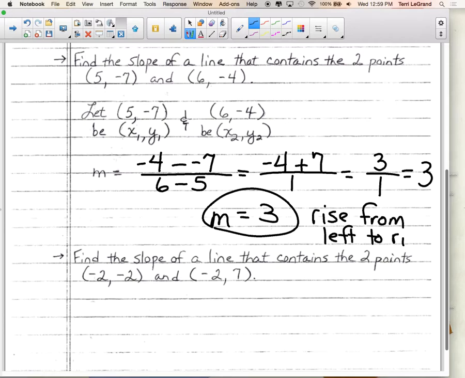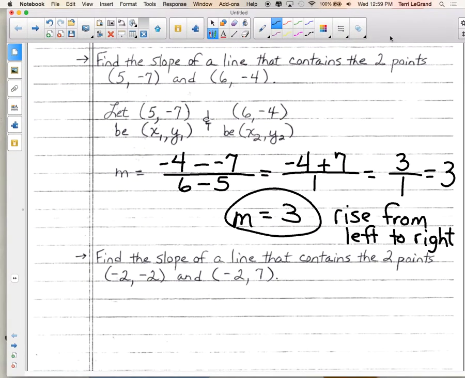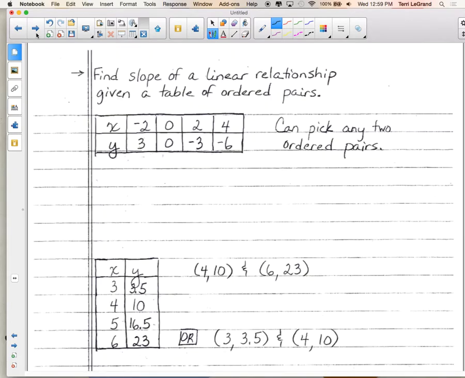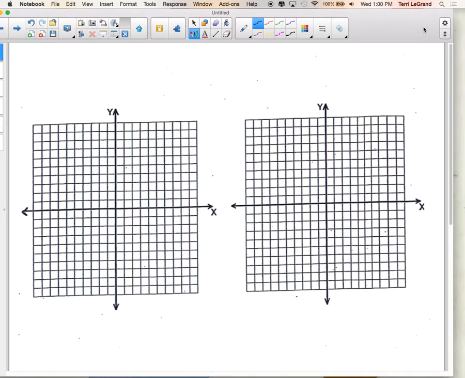So on a graph, we would expect this to happen. Now, you don't have any graphs, but I have it on the third page. So I am going to graph these, and you're going to help me. What's one of the ordered pairs for this situation?